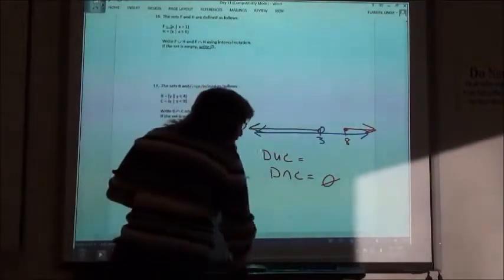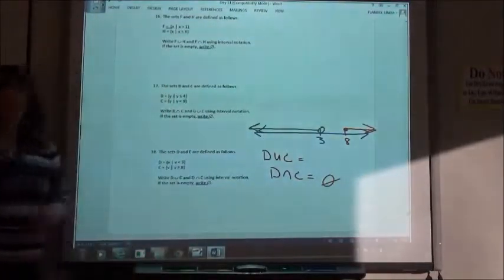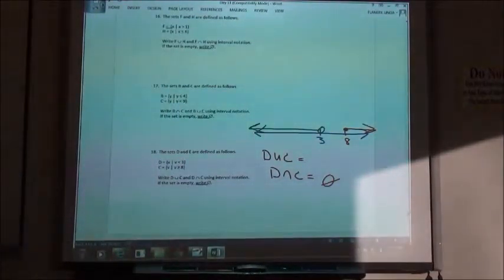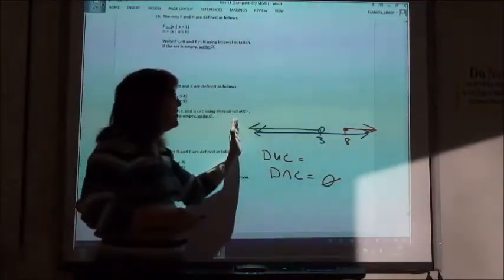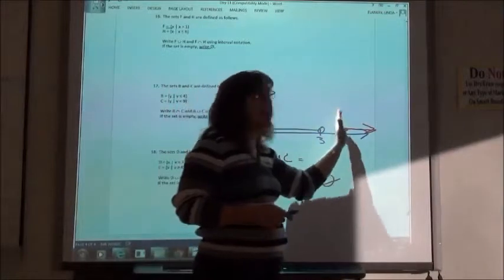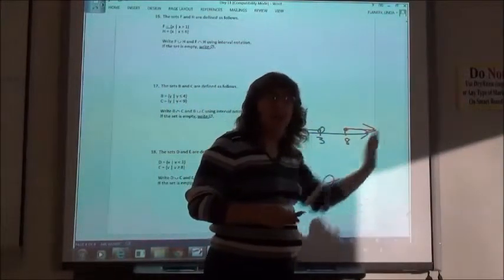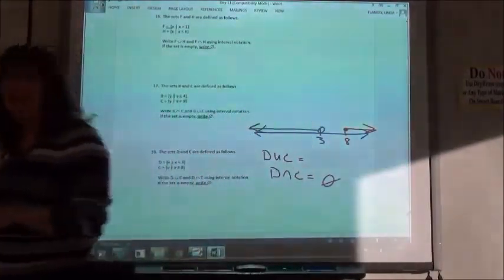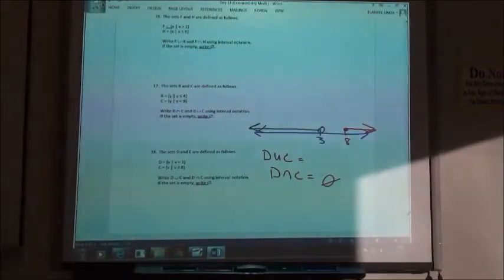The union of my sets. I want to list all the things in both of my sets. Well, because there's a space in the middle, I have a set that goes from here to here, and then I have a second set that starts at 8 and goes to the other end. So I'm going to have two parts to my answer. Two parts of my graph got shaded.